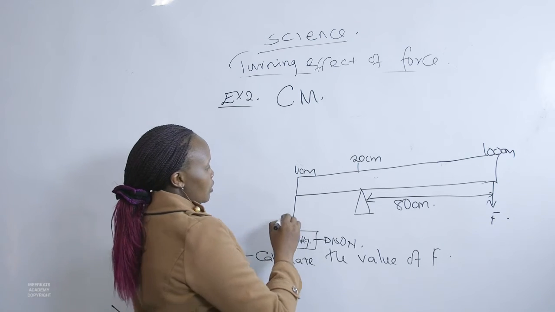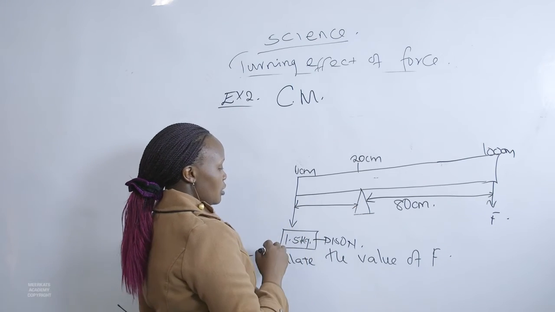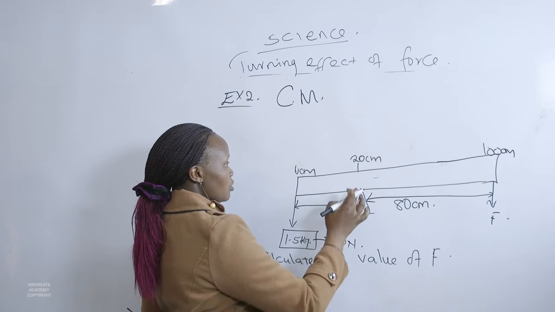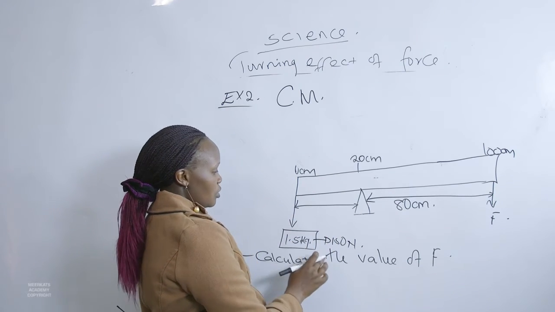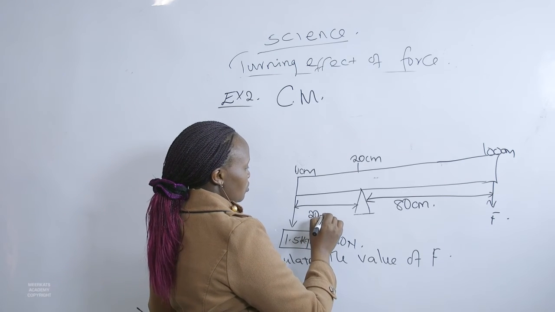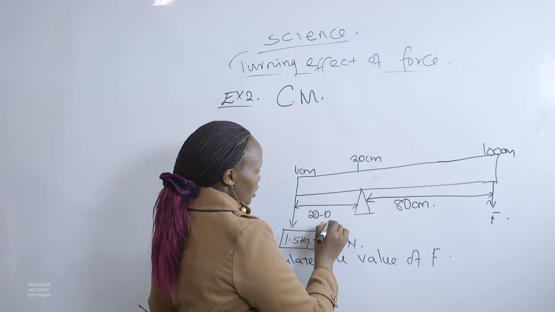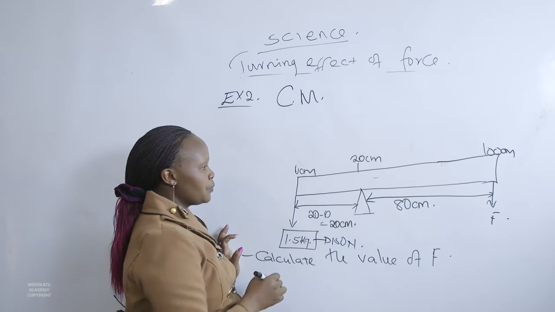Then we will also have the perpendicular distance between the fulcrum and the point of support of our force of 150 newtons, which is going to be 20 minus 0, giving us 20 centimeters.